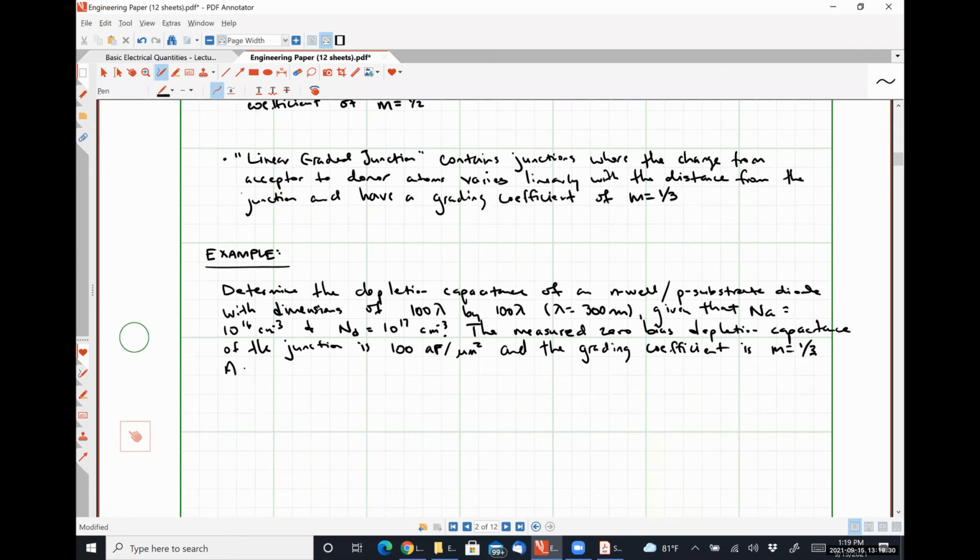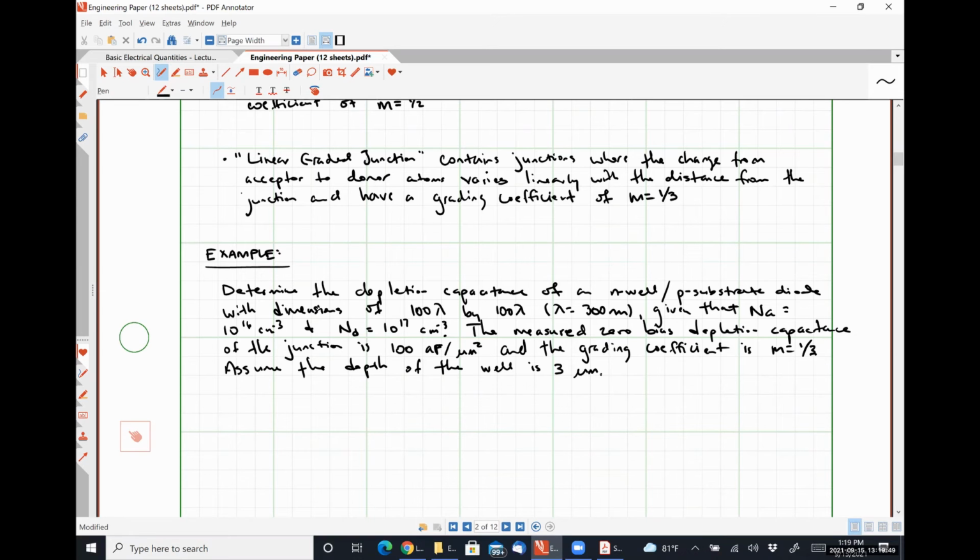Assume the depth of the well is 3 microns.